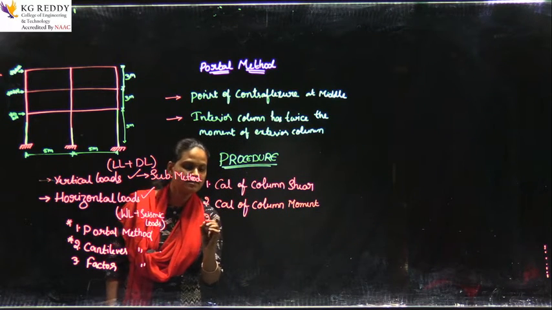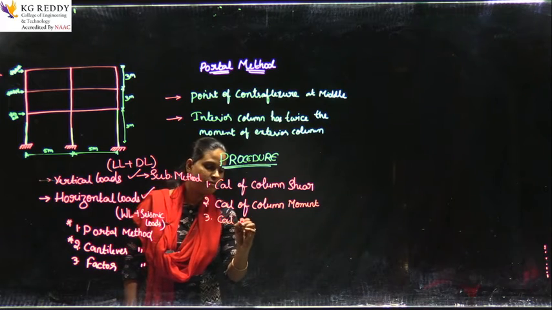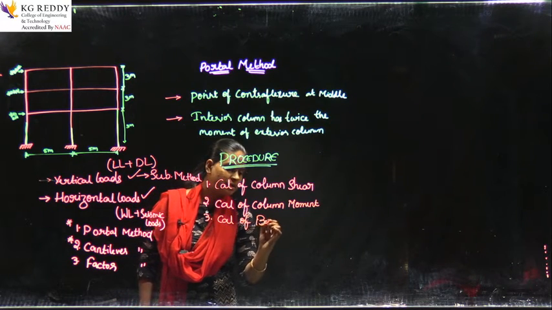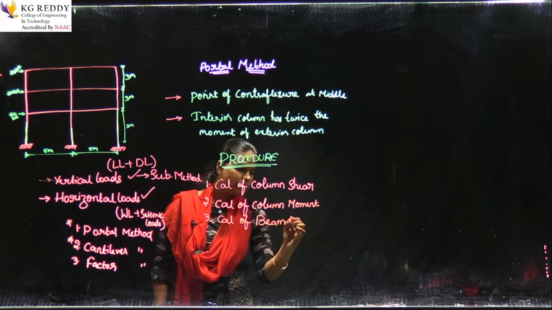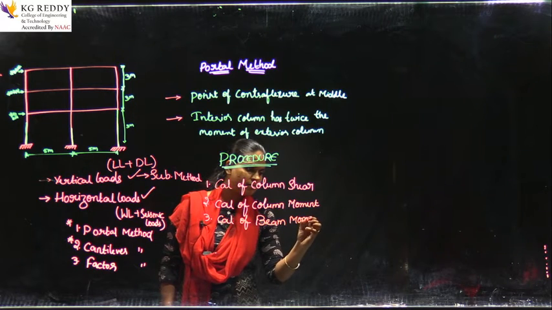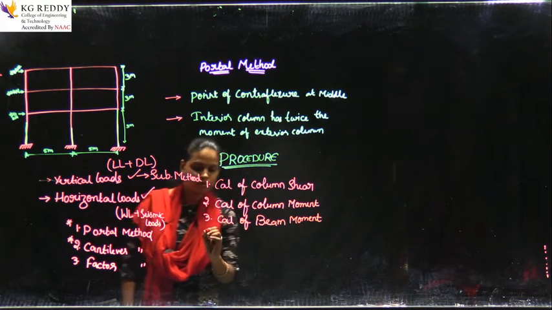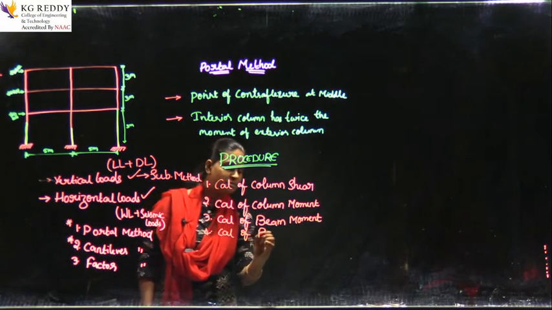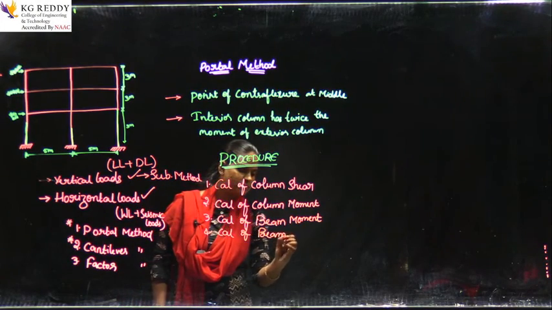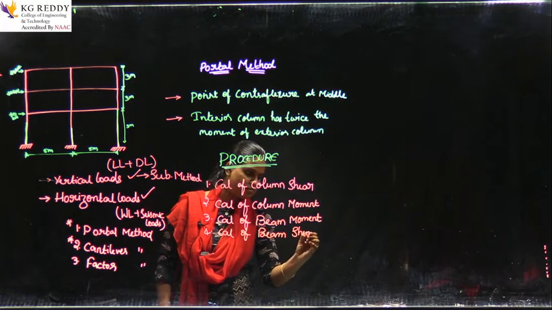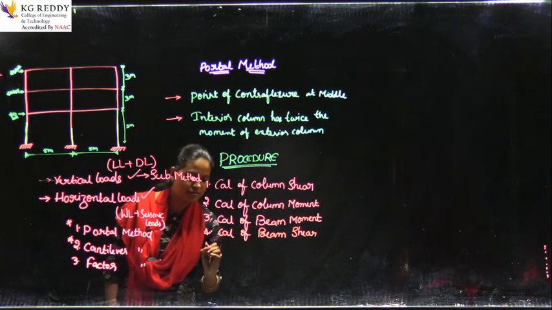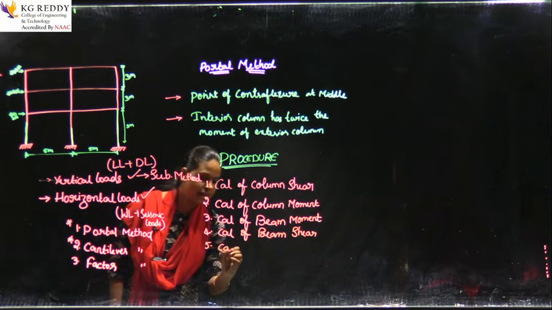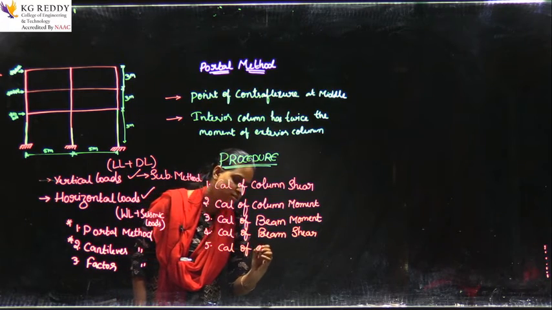The third one is calculation of beam moment. The fourth point is the calculation of beam shear. And the fifth point is the calculation of axial forces.